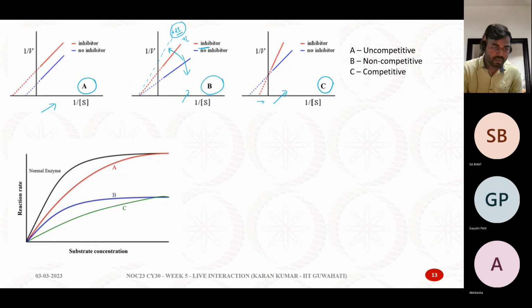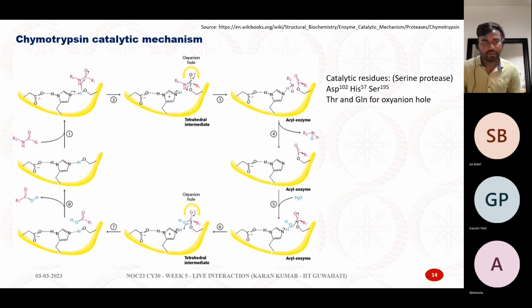Right? Quickly identify this one. What is A? This graph is for competitive inhibition. B is non-competitive and C is uncompetitive. Very good. A is competitive, B is non-competitive, and C is uncompetitive.